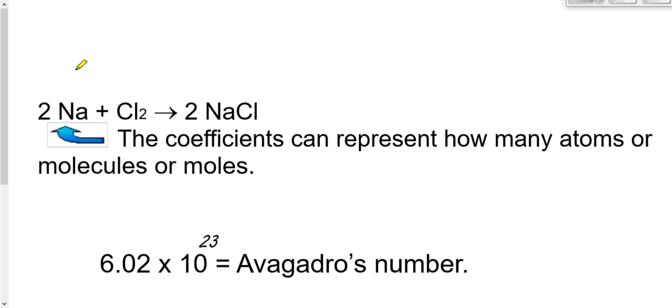But like we've shown, if we multiply that value by Avogadro's number, it could also stand for moles. How many groups are there? 2 groups of sodium atoms, and each group has 602,000 million in them. Reacts with 1 group of chlorine molecules to make 2 groups of sodium chloride. It's just we have a specific group size. The group is 6.02 times 10 to the 23.